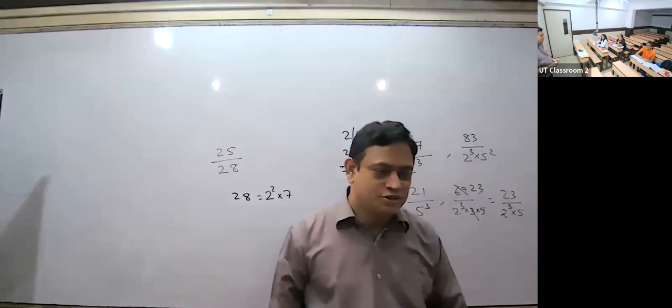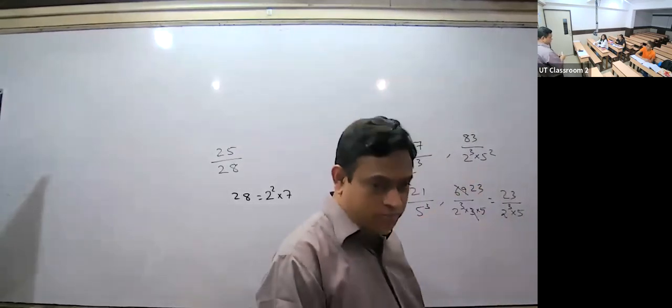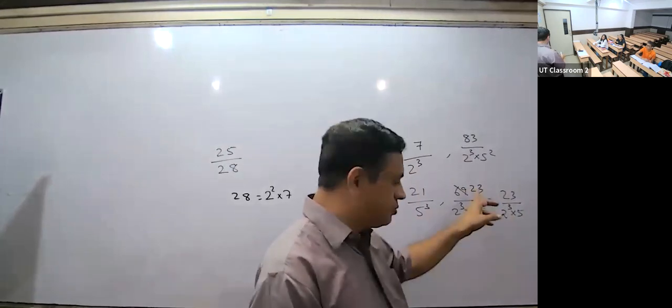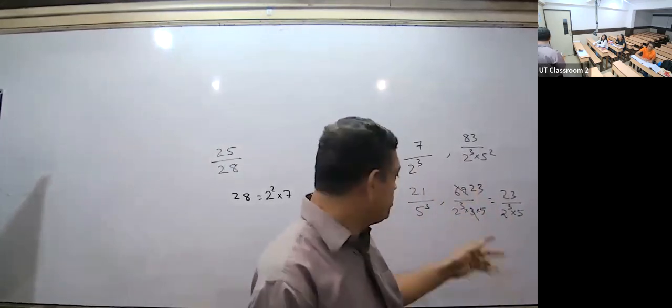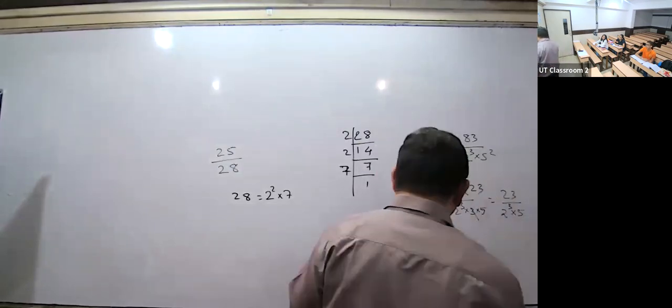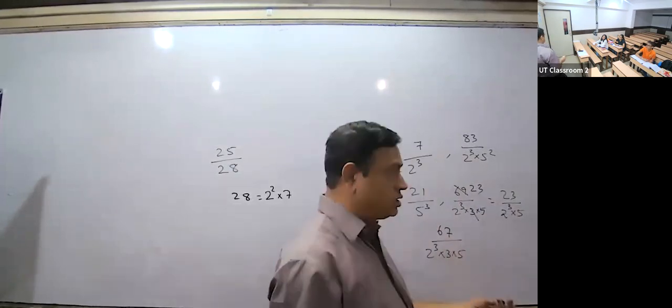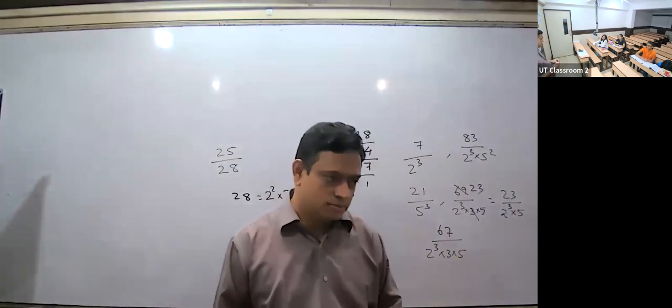Now, what is the first thing here? You have to reduce it to the simplest form. If a rational number is in the simplest form and you cannot cancel anything, carry it in this way. Suppose it was 67 upon 2 cube times 3 times 5. Now cancellation is simple.